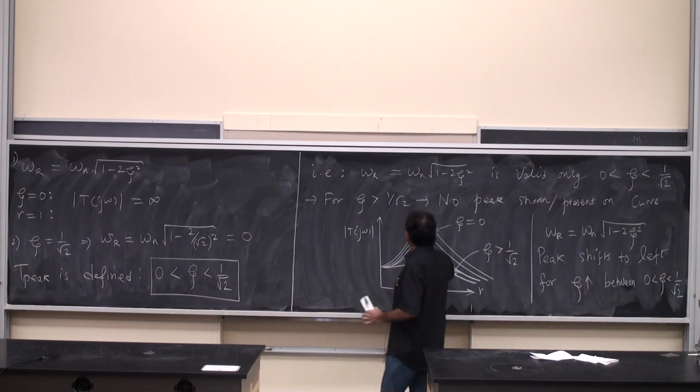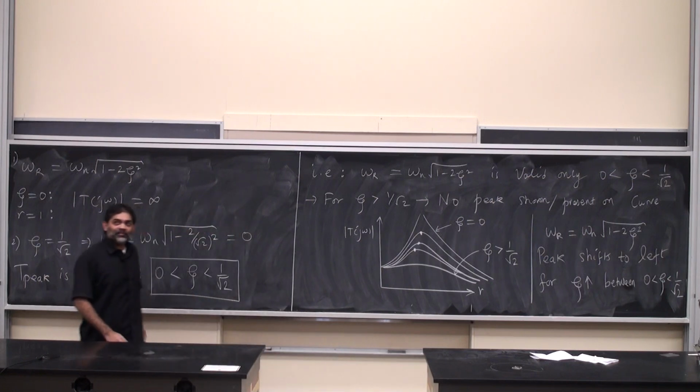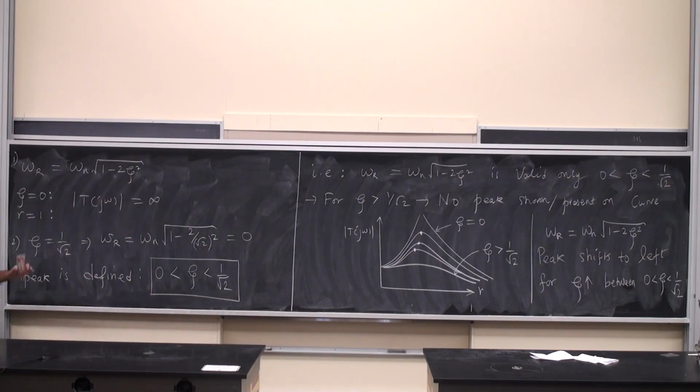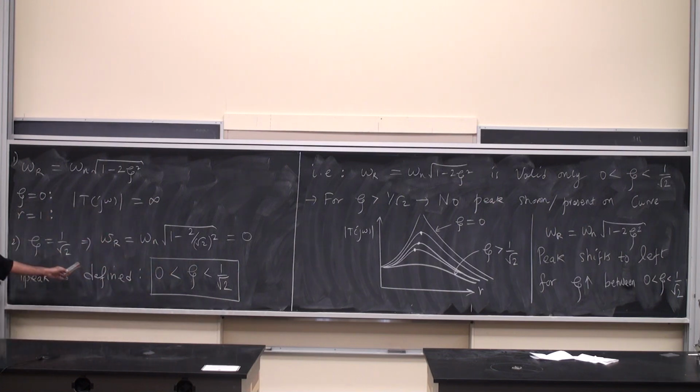Every mechanical engineer should see this in their life at least once and then forget it. Please notice that the phenomenon of resonance is valid only when you are within this particular range, and it's quite obvious to see why you end up with that range, because you can set this equal to 0 and you'll get zeta to be 1 by root 2.